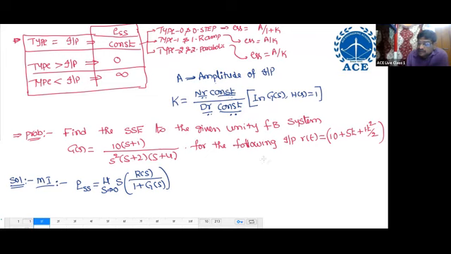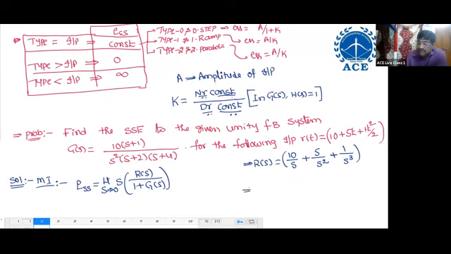So find R of S. What is R of S? 10 by S plus, applying Laplace, 5 by S square plus 1 by S cube. Now take the LCM, S cube.